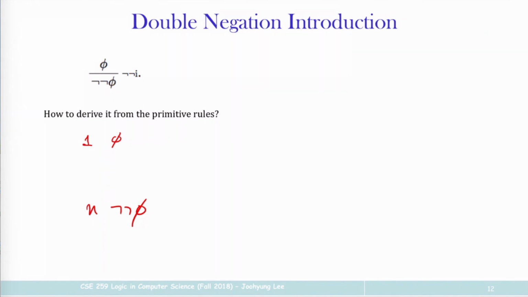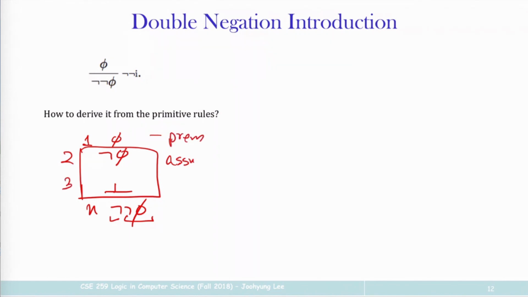Negation introduction rule. Good. Because this one has negation of some formula. So I can use the box. If I assume negation of phi and I can derive bottom, that allows me to derive negation of that negation of phi. Okay? Right, so this is my assumption. This is premise. And line 3 is actually immediate. Okay?